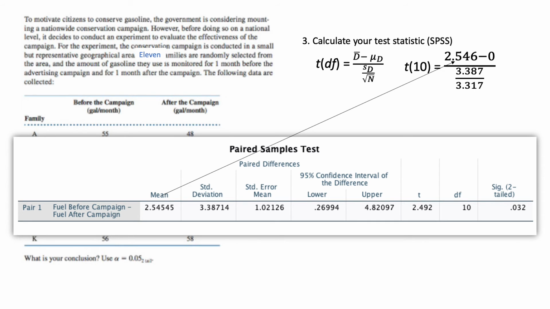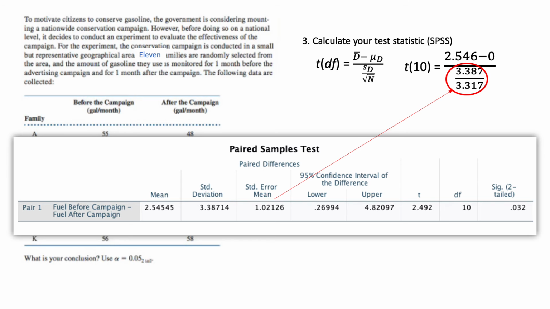The difference between the means is 2.546. The standard error of the mean is calculated with the standard deviation of that mean divided by the square root of n, which is 11, square root of 11. Or SPSS makes it real simple for me, and it gives me my standard error of mean.